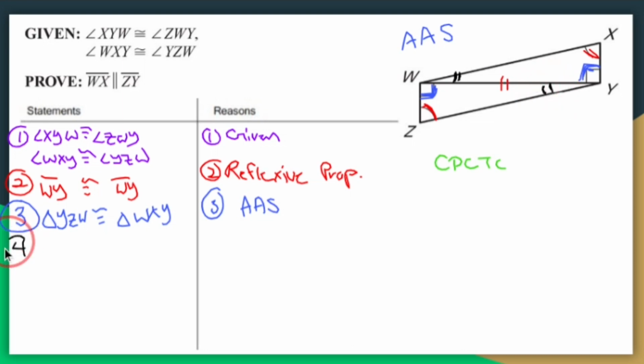So I can say angle XWY is congruent to angle WYZ. And the reason for that, now that these are congruent triangles, is that corresponding parts of congruent triangles are congruent. Okay? Step 5.